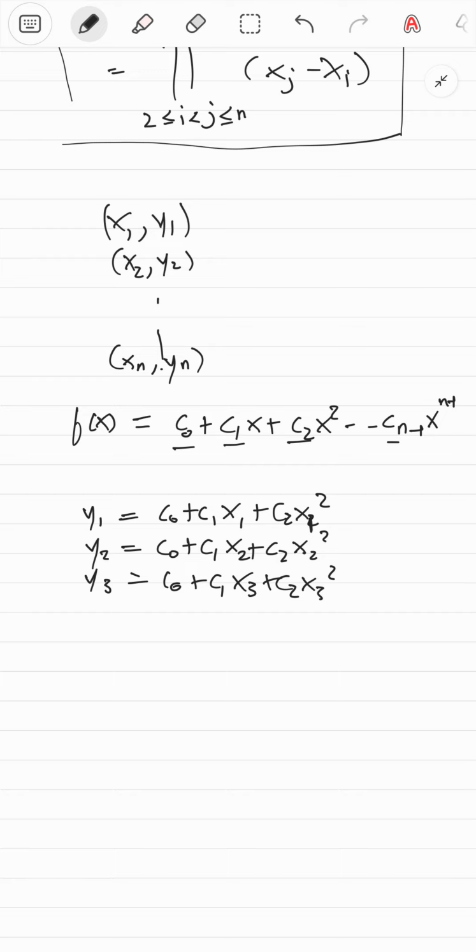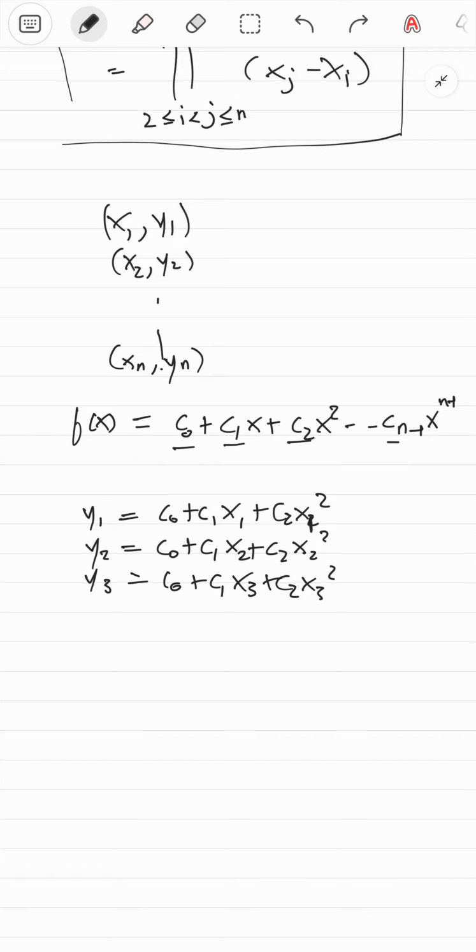Can it be that you don't actually have a unique polynomial and there are multiple polynomials? Sure, you can have that, because it's in the end a system of equations, so it could be consistent, and at the same time this determinant is zero, so you have a bunch of solutions.